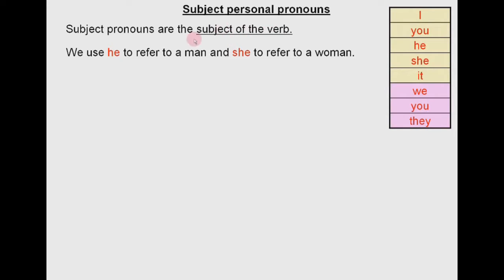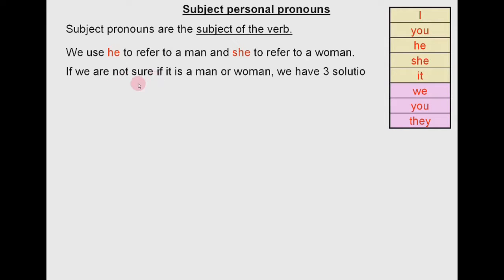Okay? And in the third person singular, so here, third person singular, we use he to refer to a man or a male, a boy, and she to refer to a woman or a girl, a female. But if we are not sure if it is a man or woman, then we have a choice of 3 solutions.